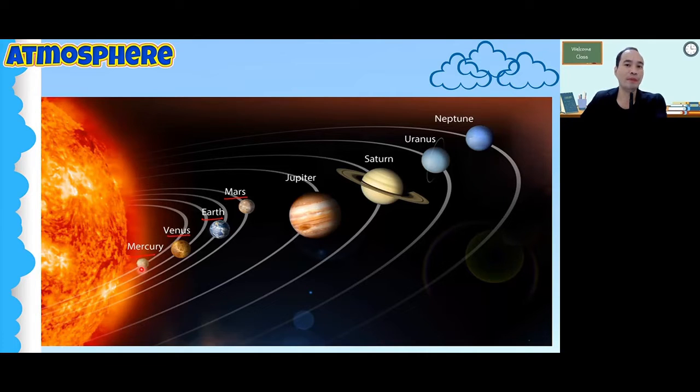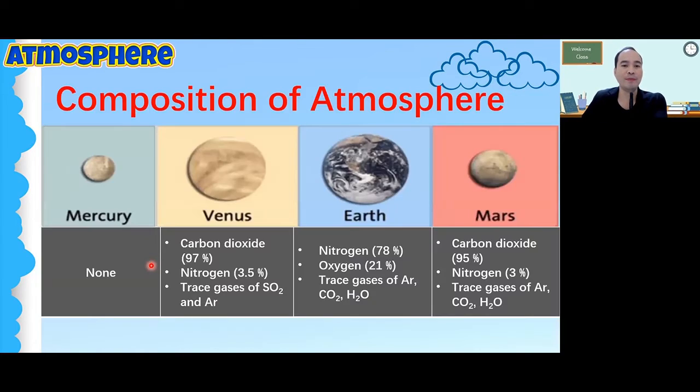So if you can still remember our lesson about heat, heat increases the movement of your molecules or these tiny particles, right? So as they move very fast, some or most of the molecules will be escaping from Mercury. That's the reason there is no atmosphere in Mercury.